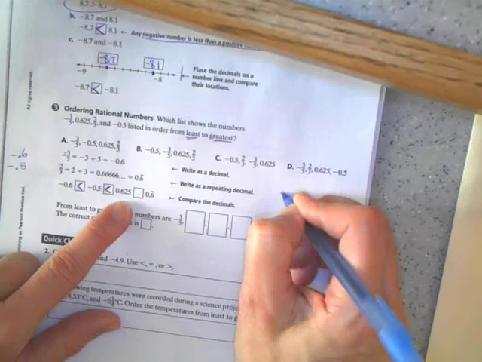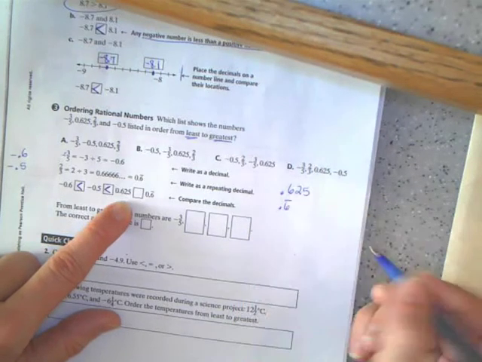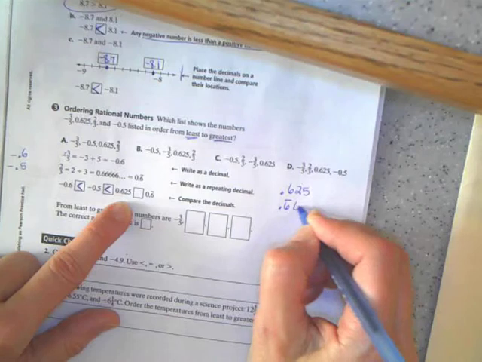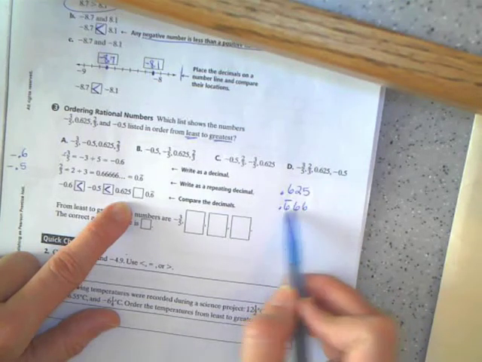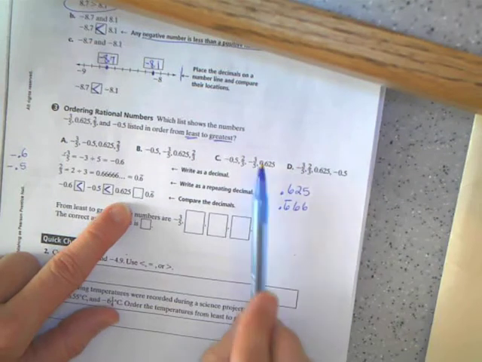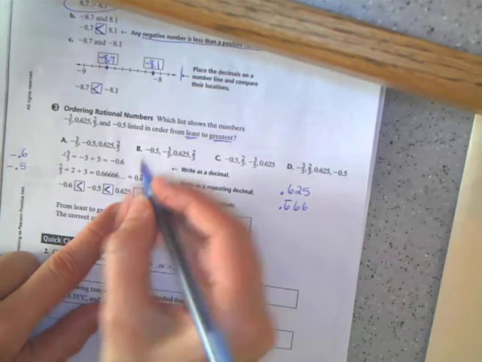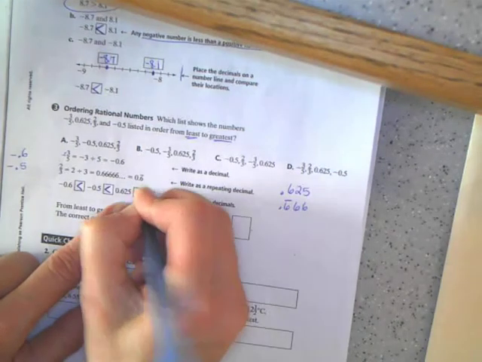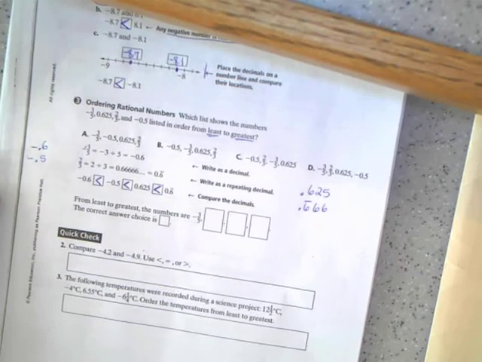Now the next one, and I'm going to write this on the side, I have 0.625 and I have the 0.6 repeating. What I want to do is carry this out enough places so that I see a comparison here. Okay, I made each one 3 digits long. 625 is less than 666, so 0.625 is going to be less than 0.6 repeating.